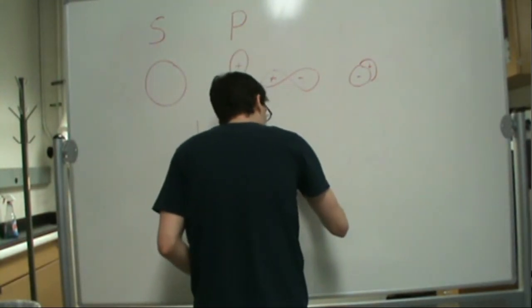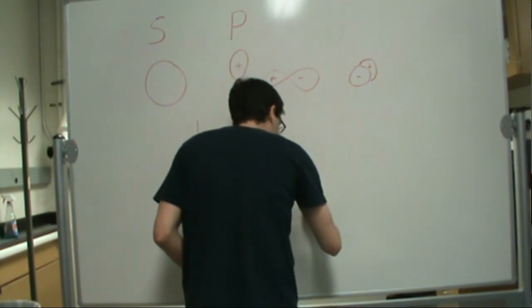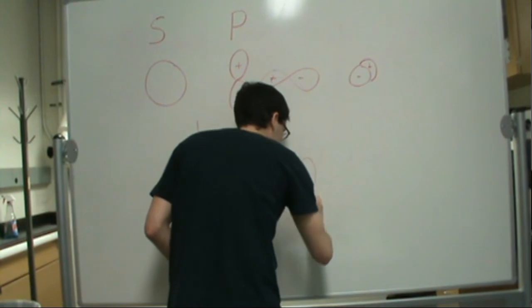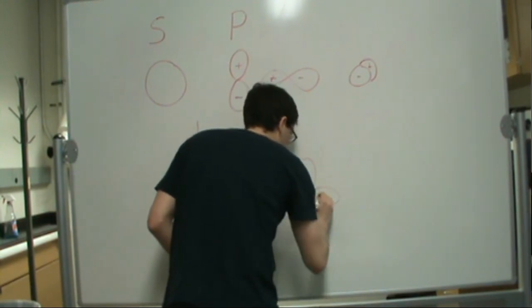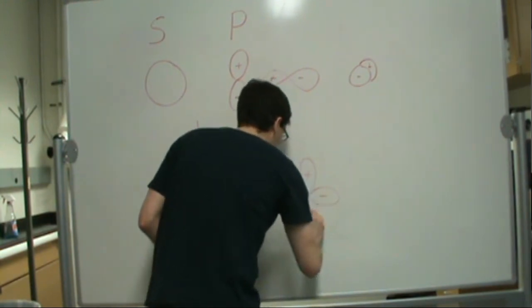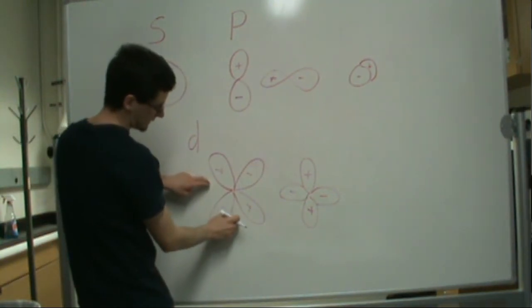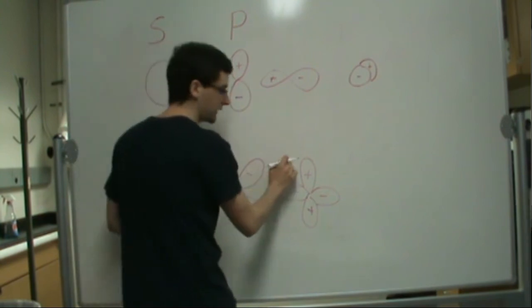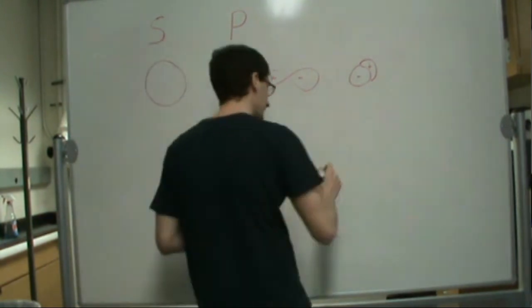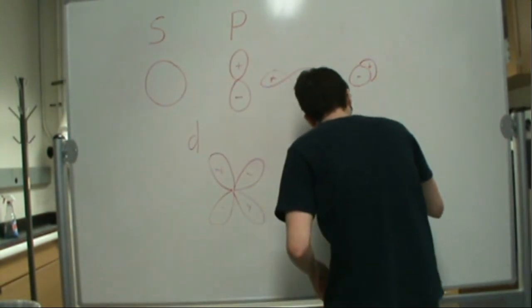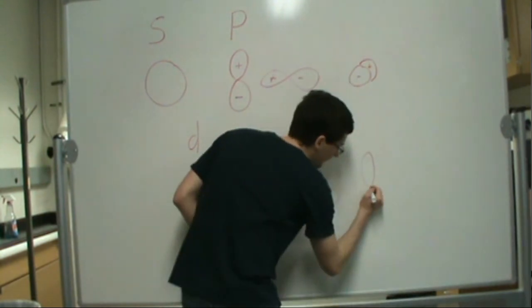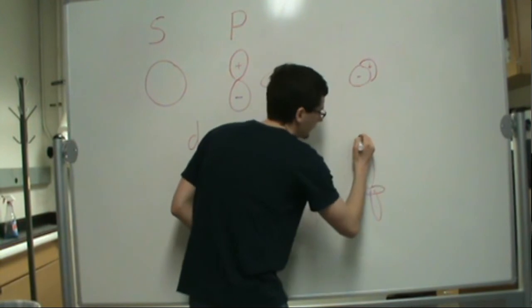They have one that is directly up and down. And there are three in total that are similar to this. So we have 3 of these, 1 of these, and we have what's called the dz squared. And that one looks pretty funky. Like that.